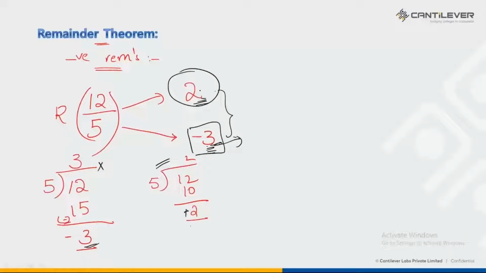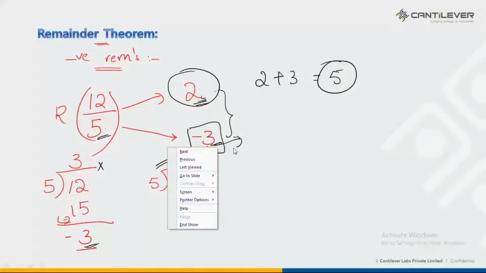If you look at this one, forget about signs. 2 plus 3 is 5. 5 is the divisor. The divisor is nothing but the one which is dividing. If you know 2, subtracting 2 from 5 gives you 3. And if you know 3 is the negative remainder, 5 minus 3, 2, will be the positive remainder.